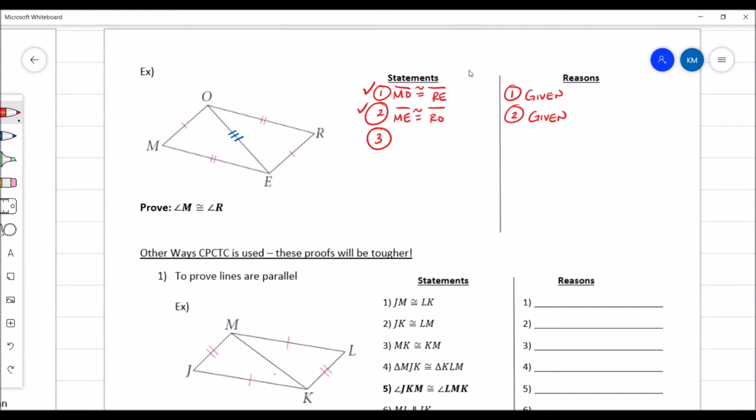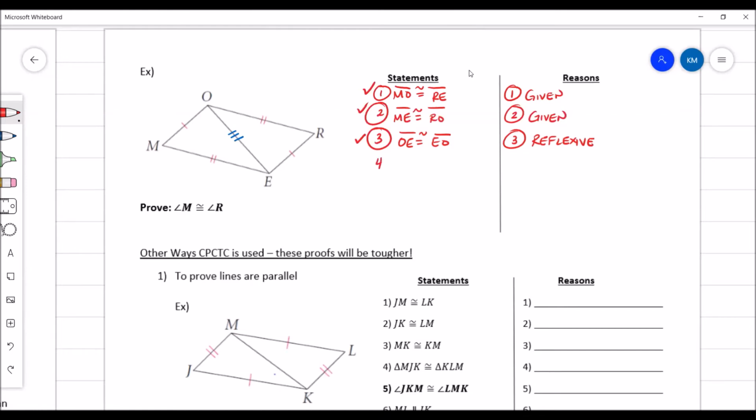The thing we put together is that OE must be congruent to EO. And you could say OE twice if you'd like. And this isn't given. We had to come up with that. It's the reflexive property. But again, we've got to say the two things were congruent to each other. So now we have enough information to prove that 2 triangles are congruent.